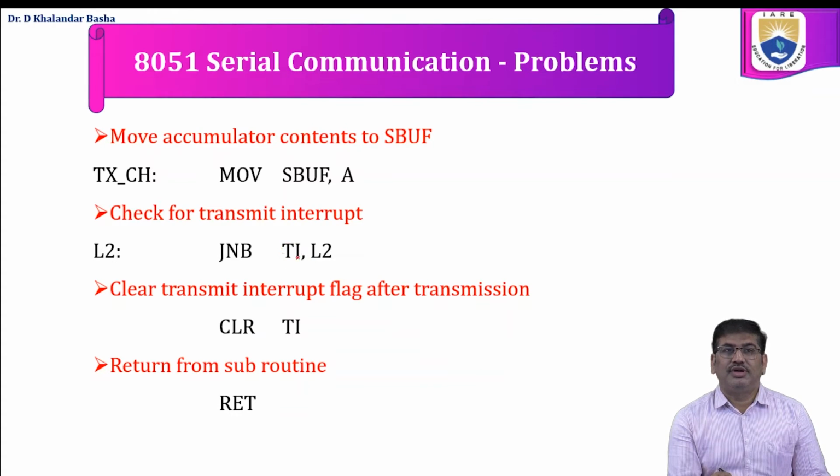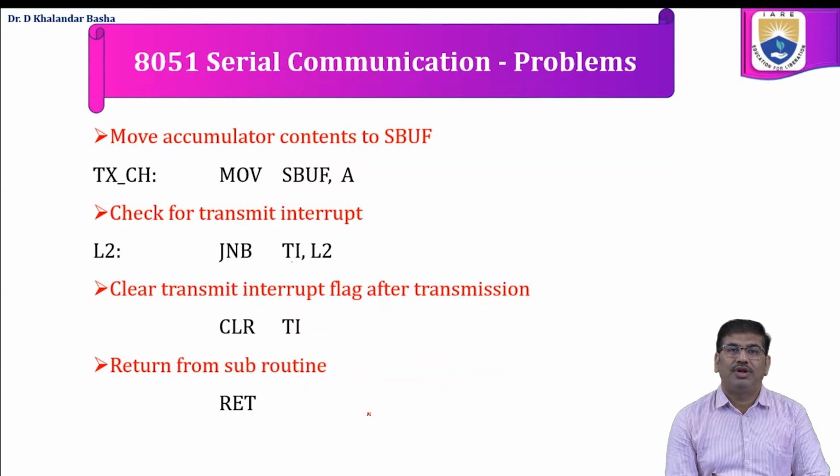If the TI bit is equal to 0, we go for the polling method by using JNB TI, redirecting to the same instruction, so we give a label L2. Once the TI bit is equal to 1, we come out of the loop and clear the transmit interrupt flag. The last instruction of the subroutine is the RET instruction to return to the main program. So this is the subroutine program.